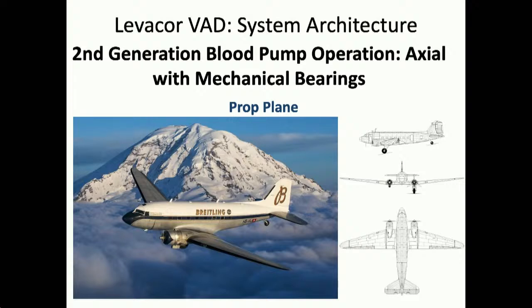You don't have to try to squeeze the blood. We could just directly have a pump that pumped blood. So the first pumps were like the propeller plane, which opened up the aviation industry. They were based on mechanical bearings, a high-speed pump spinning at about 10,000, 15,000 RPM. It worked reasonably well, but there were still issues.